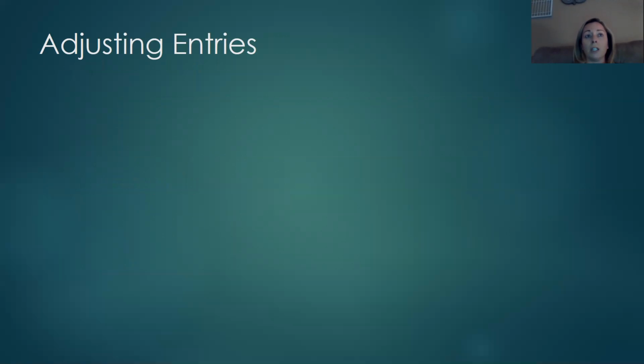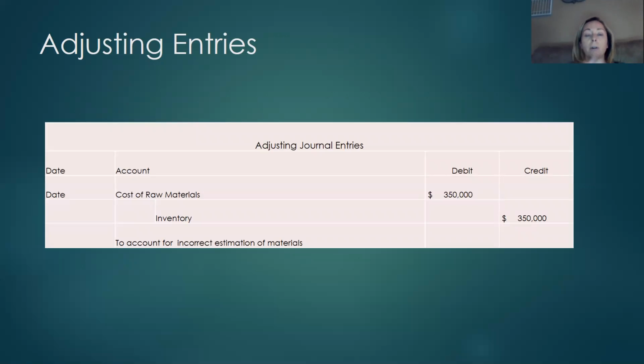Adjusting entries is when something doesn't seem to add up, and we've got to account for that because something maybe was unexpected or didn't go the way that we planned on it, and we're going to account for when it actually happened. So in this scenario, Parsi was over his budget about $350,000. So in this adjusting entry, you'll see the date, account, and debit and credit columns here.